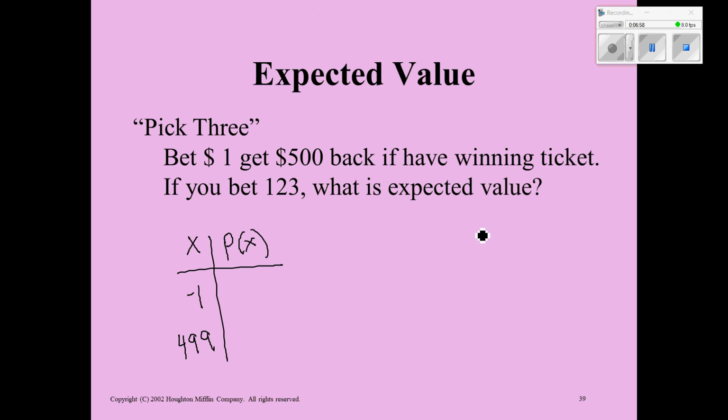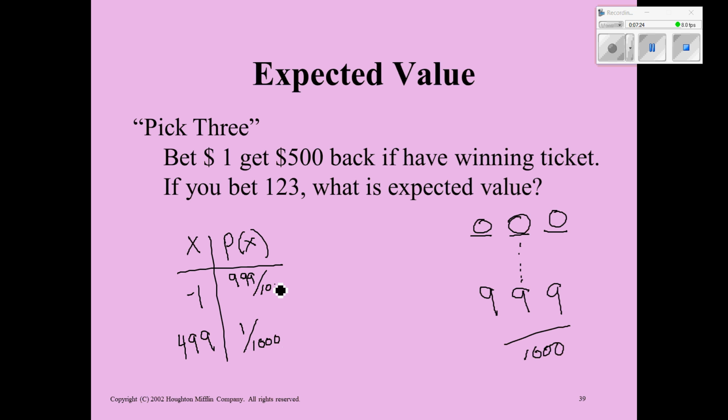We're going to assume we have 3 digits, and we will go from 0, 0, 0 to 9, 9, 9, and all the numbers in between. That will be a total of 1,000 numbers. So our chance of winning with 1, 2, 3 is 1 out of 1,000. Our chance of losing is 999 out of 1,000.